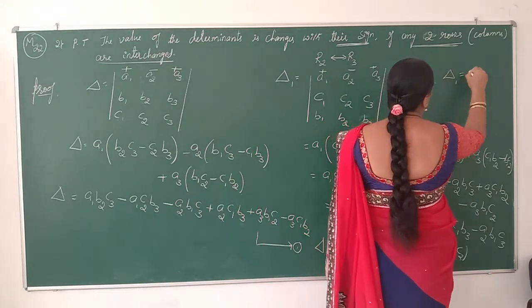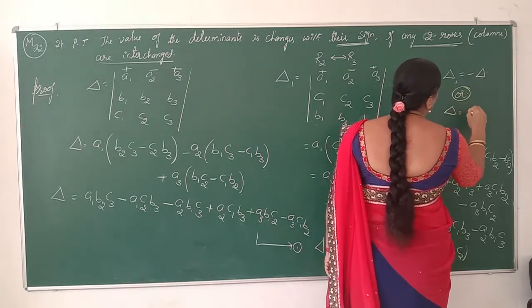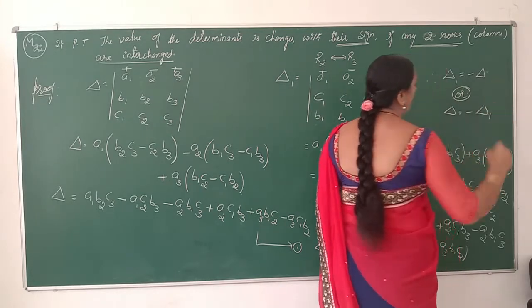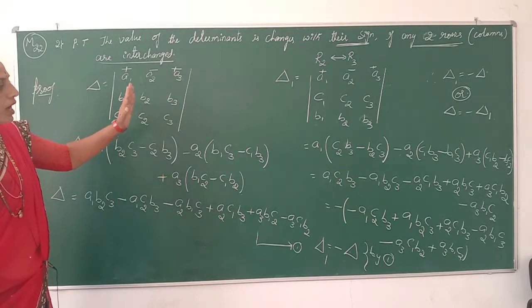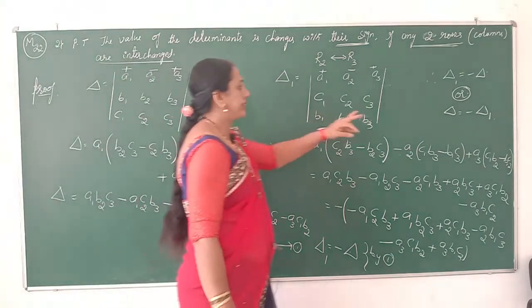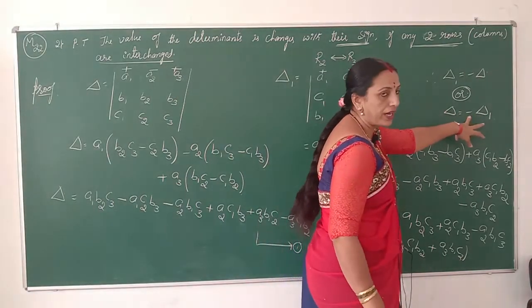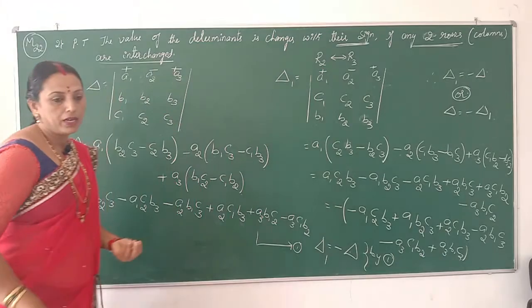It means if any two rows or any two columns are interchanged, then the value of the determinant changes its sign. So one of them will be positive and the other negative.